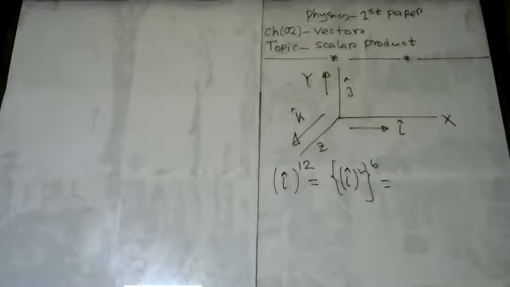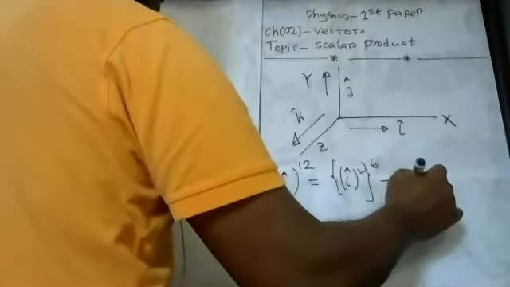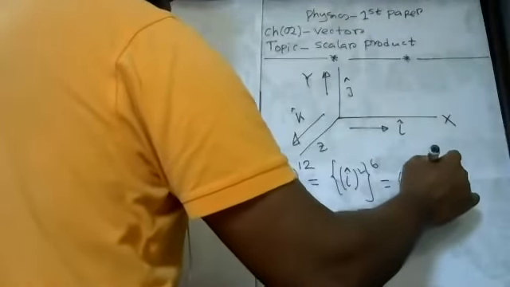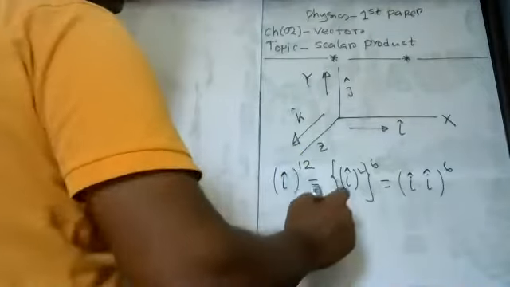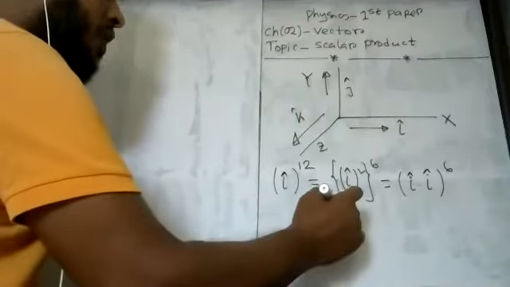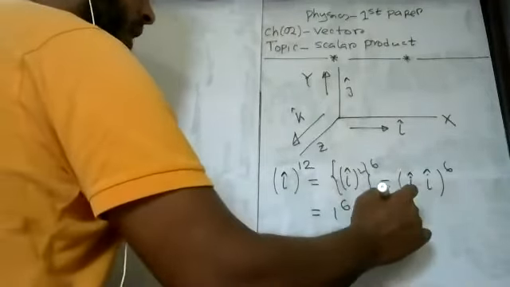Now I'm going to find the value of this i square. You see that i square is vector i hat dot i hat, and i hat dot i hat equals 1. So you can write i hat dot i hat whole to the power 6, which is 1 to the power 6, nothing but 1.